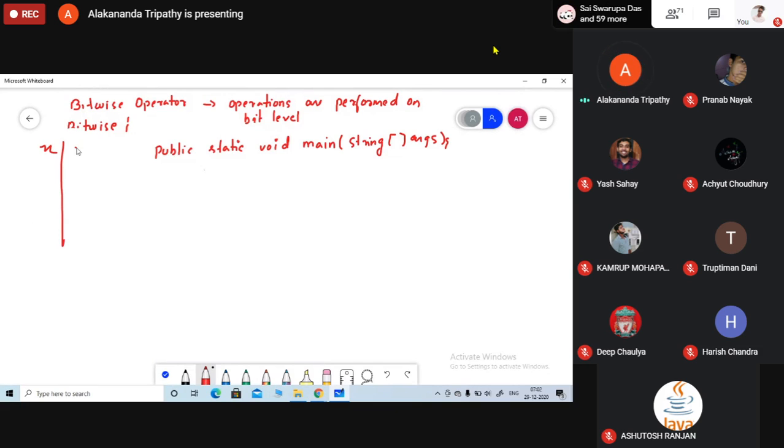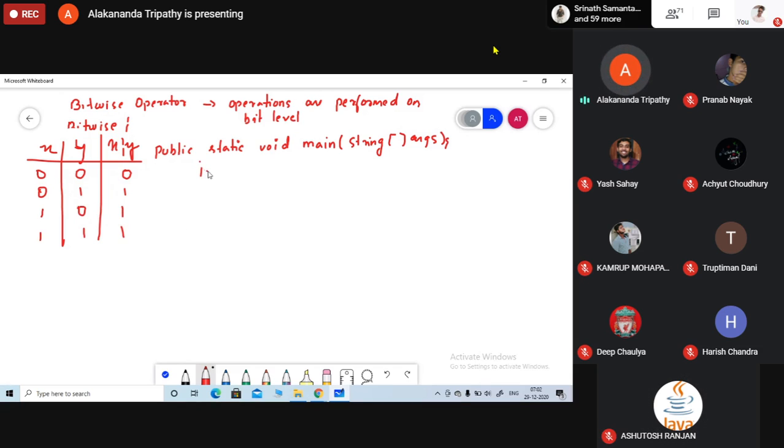This one is X, this one is Y. So for our OR operation, 0 OR 0 will be 0, 0 OR 1 will be 1, 1 OR 0 will be 1, 1 OR 1 is 1.